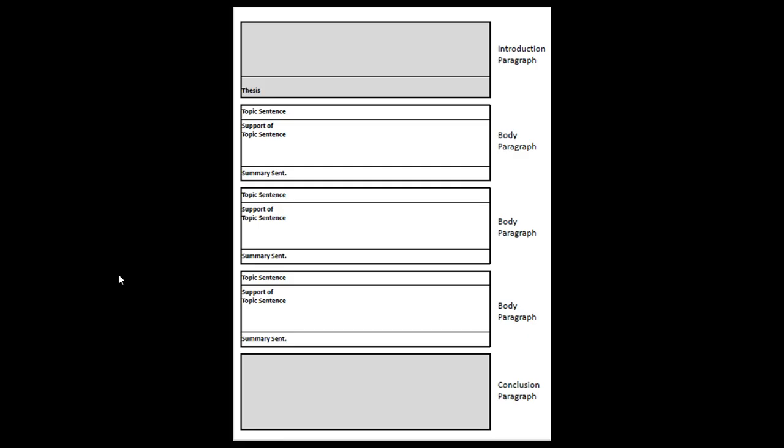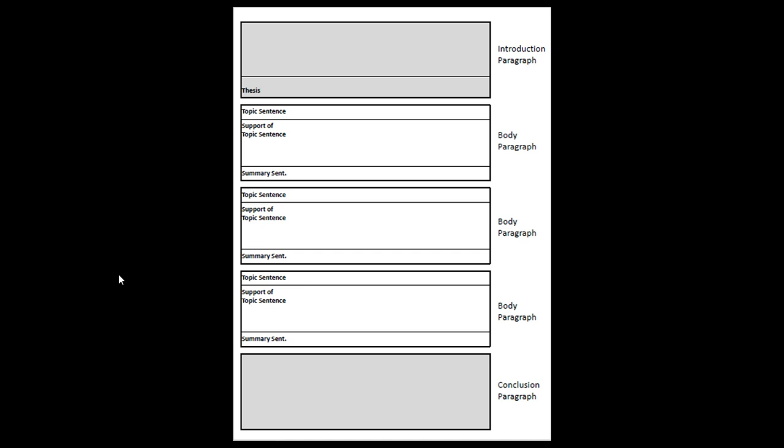In this case, I could fit 3 body paragraphs in there and it made it look nice. But depending on the length of your essay, you're going to have a lot more, usually, body paragraphs. So don't feel like you can only have 3. That's just because that's how many I could fit.